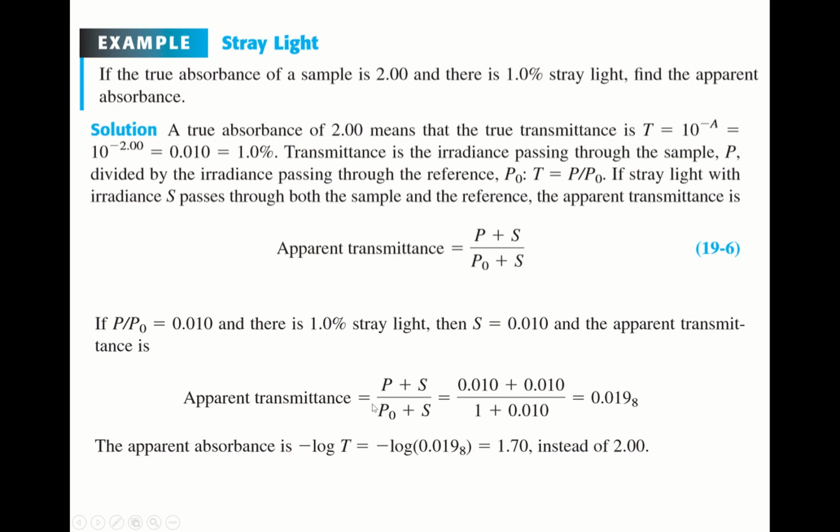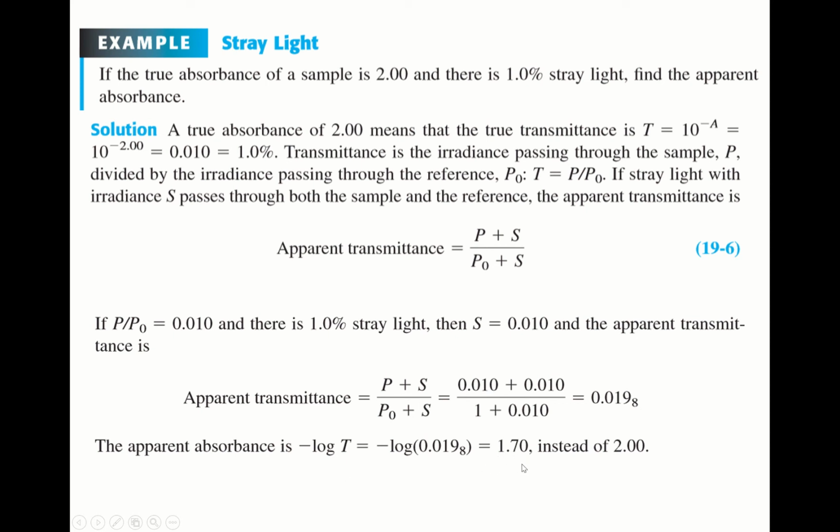The apparent transmittance is the numerator 0.01 plus 0.01 over the denominator 1 plus 0.01, which is 0.0198. So apparent absorbance is minus log T, and it gives 1.7.